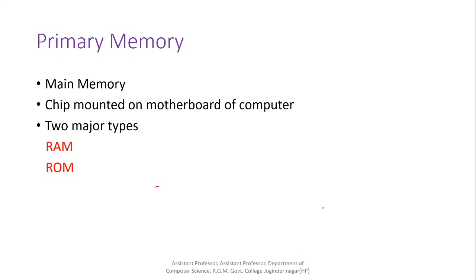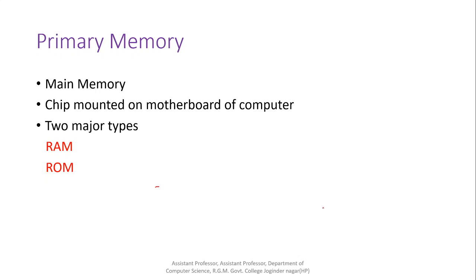The input data entered into the computer system using an input device is stored in RAM for processing. After processing, the output data is stored in RAM before being sent to the output device. Any intermediate results generated during the processing of a program are also stored in RAM.